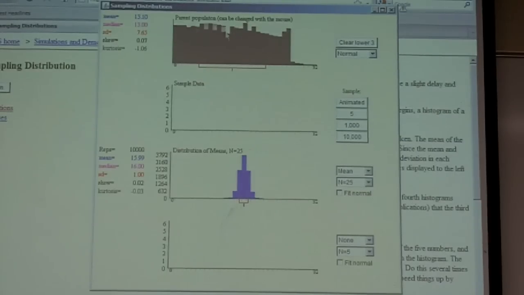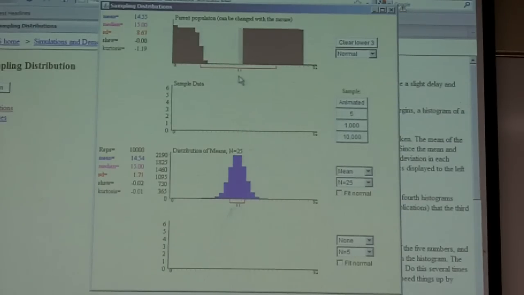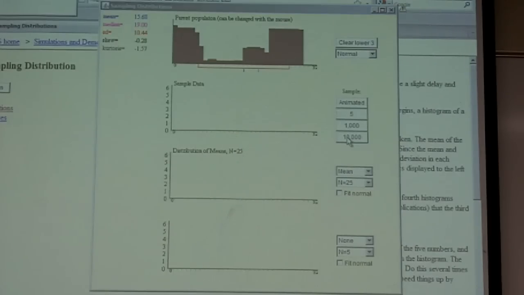Regardless of the shape of the original population, the shape of your sampling distribution, or distribution of means, will always be what? Normal. I just ran it, and it's normal. I can make this bimodal, and it'll still be normal. Look at that. It's continuously turning normal.